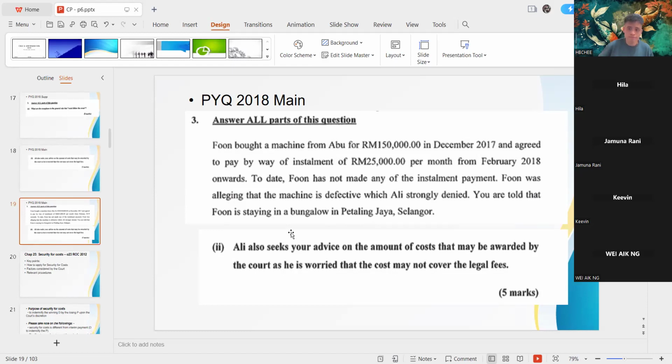And then, this is the reason why I told you all to refer to the scale on Order 59, because it shows the maximum sum that the court can award. And if you cannot cover your legal fees, then it is too bad, because that is the maximum amount that the court can award.